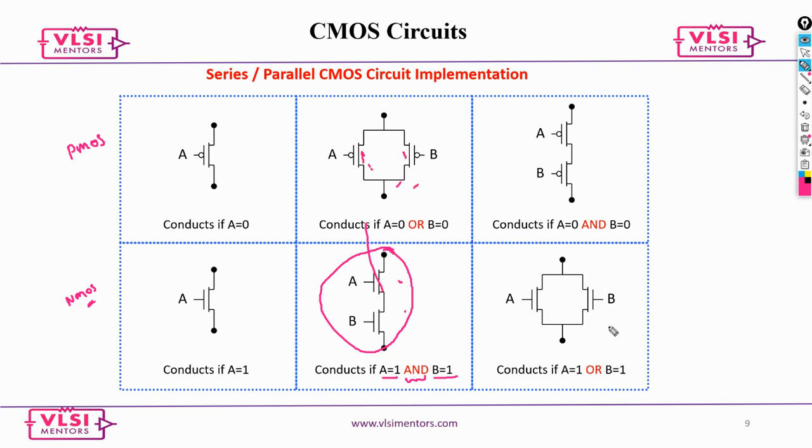So in this case, if both of them are in parallel, if any one of them is one, it's still going to conduct. The parallel transistors at the NMOS, which is in the pull down, now become series at the top. Now remember this, and then we will go and do the implementation for the NAND gate.